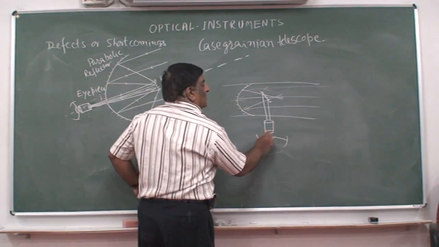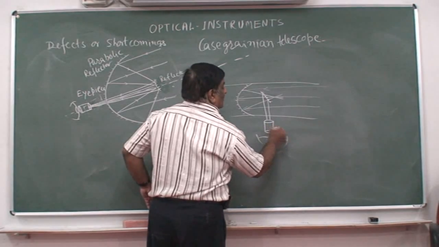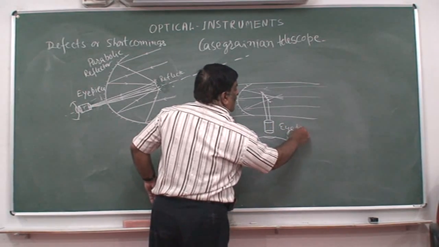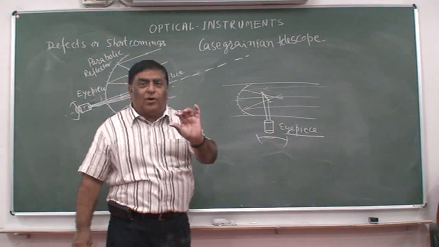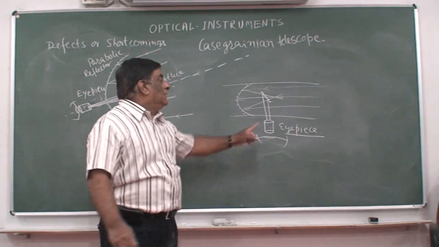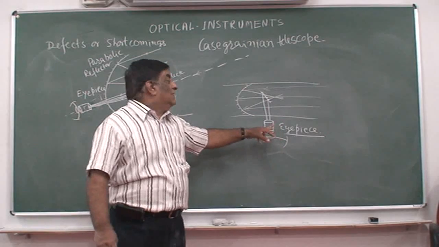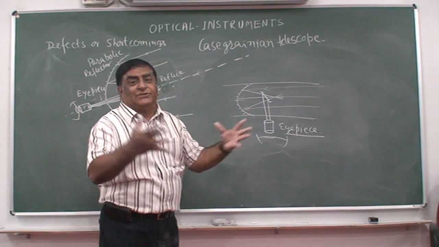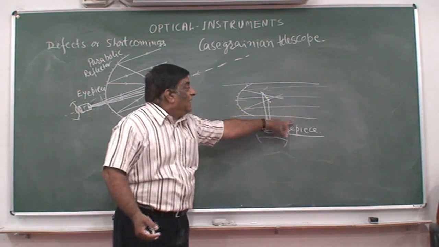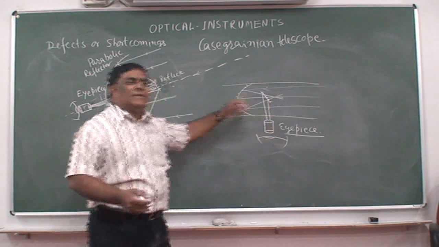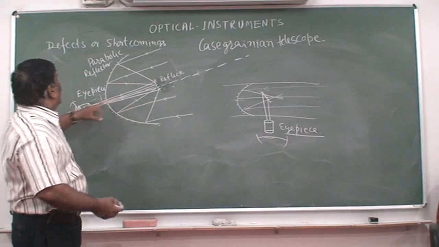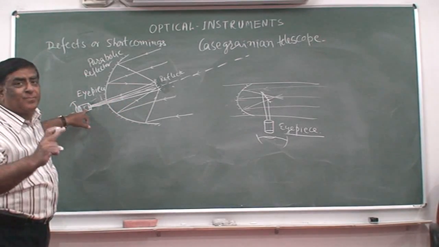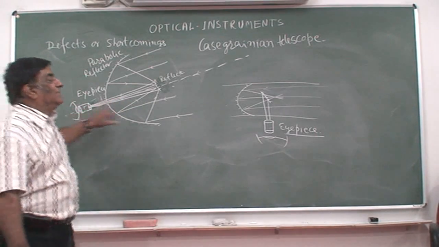This eyepiece was a good eyepiece made of many lenses. This in itself was a small type of microscope. This we used as an eyepiece, which will make the image very large. So many light rays like this, but the basic principle is the same. We have to collect many rays to make a very bright, sharp, colorless image.